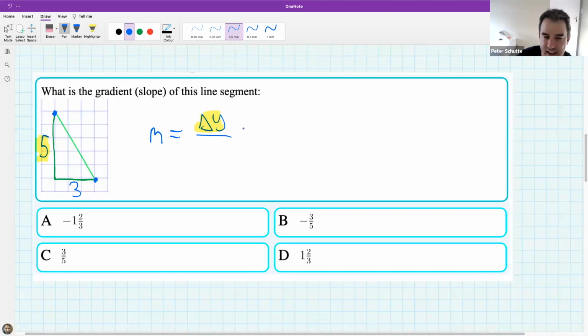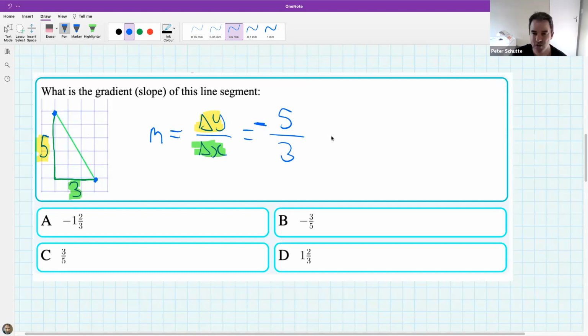Another way of saying it is the rise, but different teachers call it different things in different grades. So I want to suggest that this is a change in 5 in the vertical and a change in 3, but there's one catch here. It's not going up to the right, it's coming down, and so it has to be a negative.